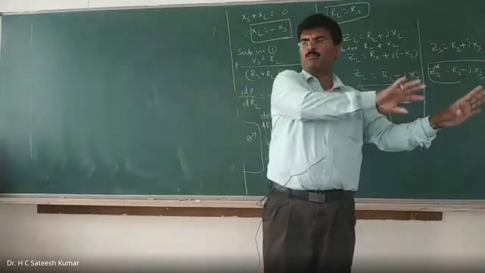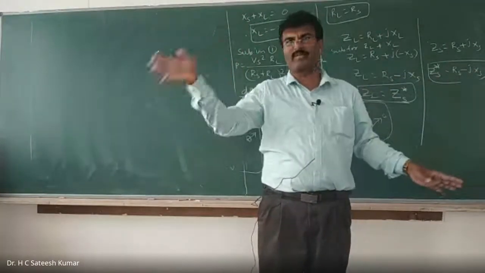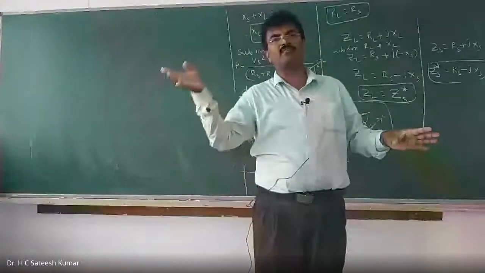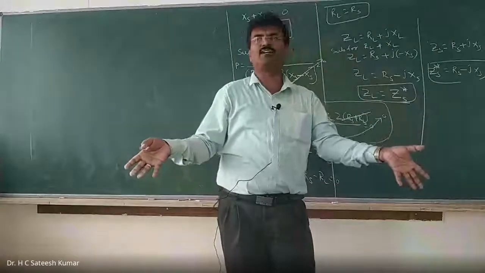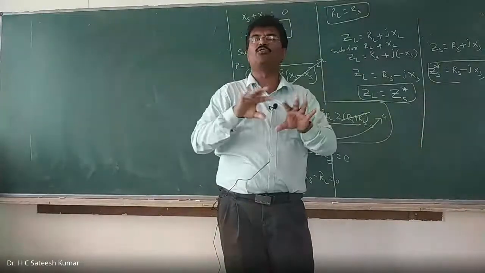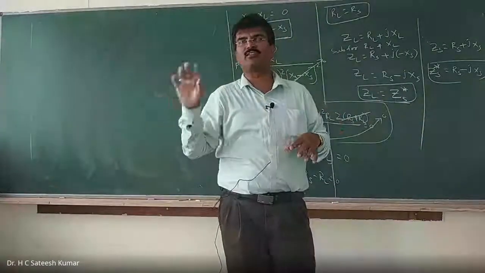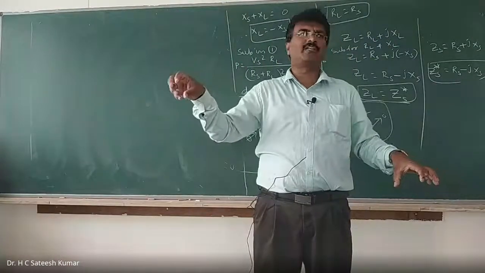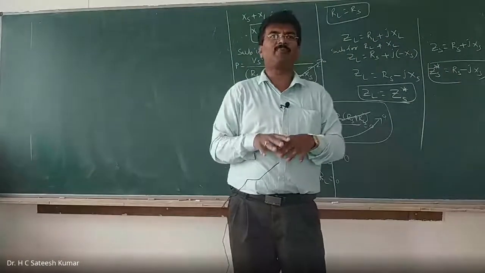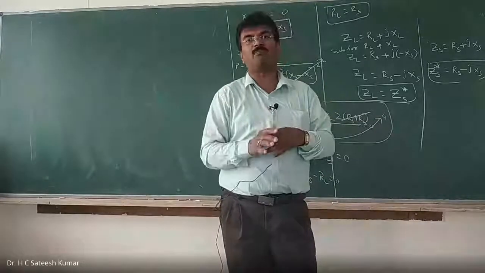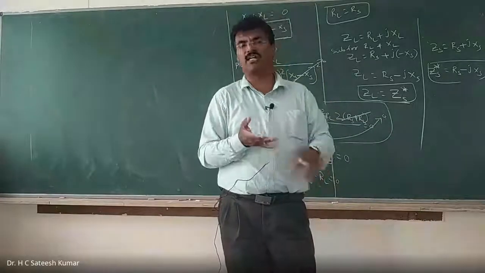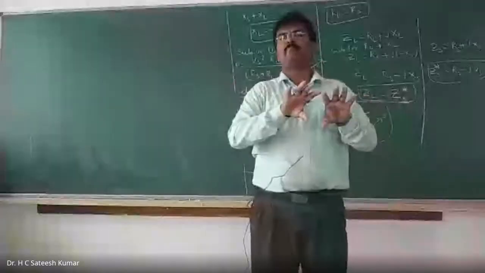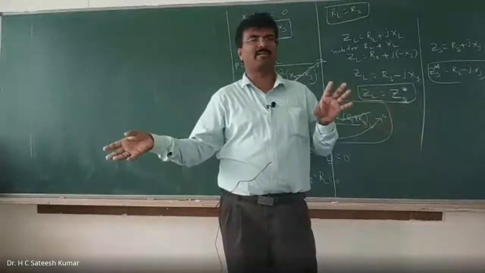Maximum power will be transferred from the amplifier to the speaker when the impedance of the speaker is matching with the impedance of the amplifier. That is the reason whenever we have an amplifier and a speaker, the speaker impedance should match. If the impedance is not matching, we go for impedance matching amplifiers like the voltage follower, Darlington pair amplifier or bootstrap amplifier. These amplifiers are used to match the impedance of the speaker with the amplifier.